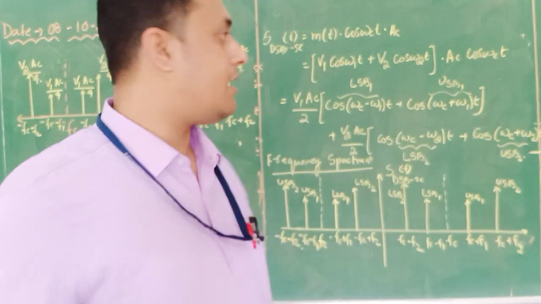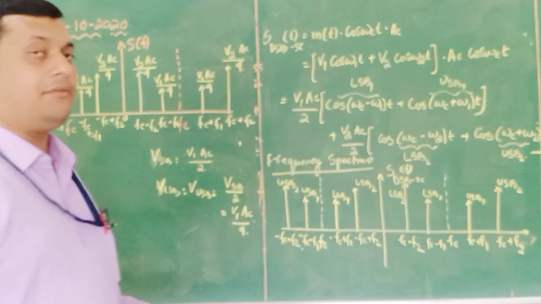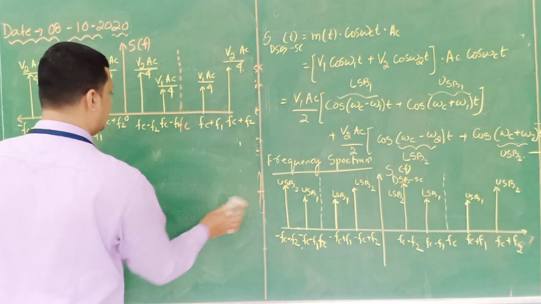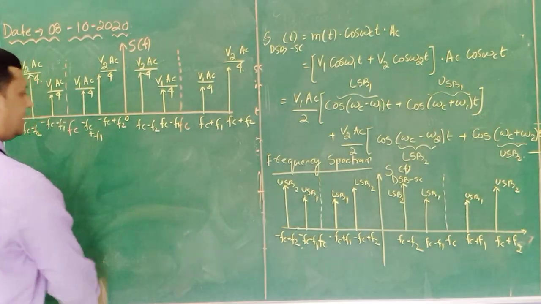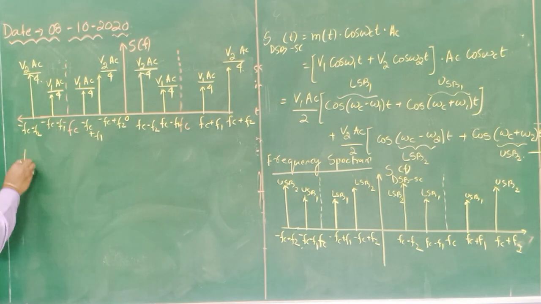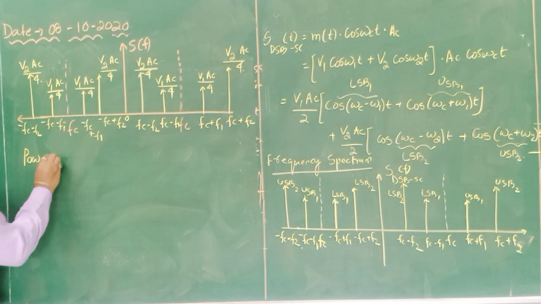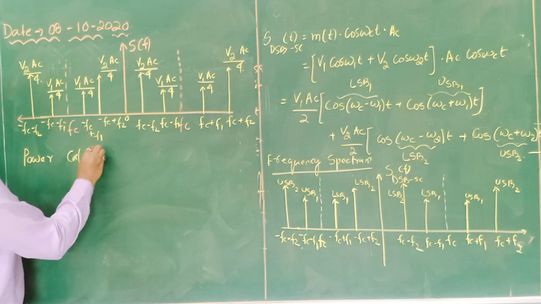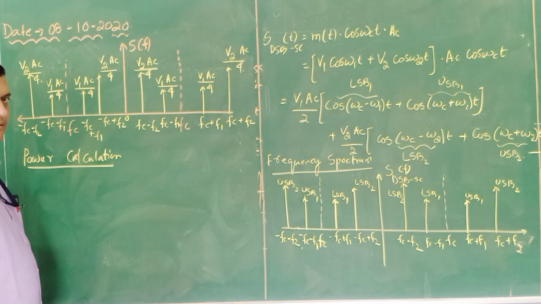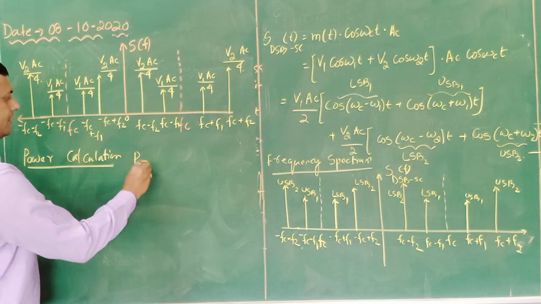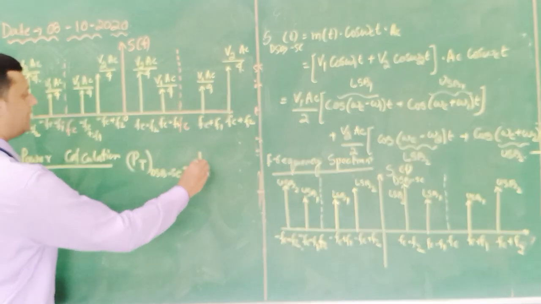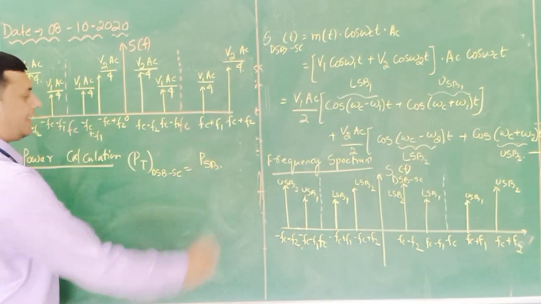Okay. Now we will calculate the power availability in this particular signal, and then we will calculate the efficiency. So power calculation. The total power for DSB-SC must be equal to the sidebands.